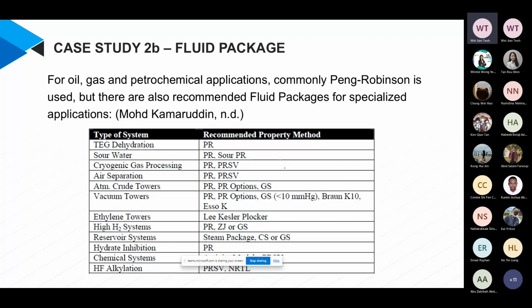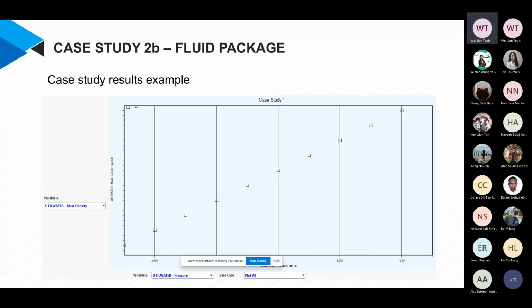So there are some specialized fluid packages that are designed for these applications. So this is the case study result from the example that I showed just now. You can see that the mass density, the unit is very small, but this is actually like 1007 over here, and this is like 1008 over here. So the density has only changed by 1 if we increase the pressure by 10 bar.